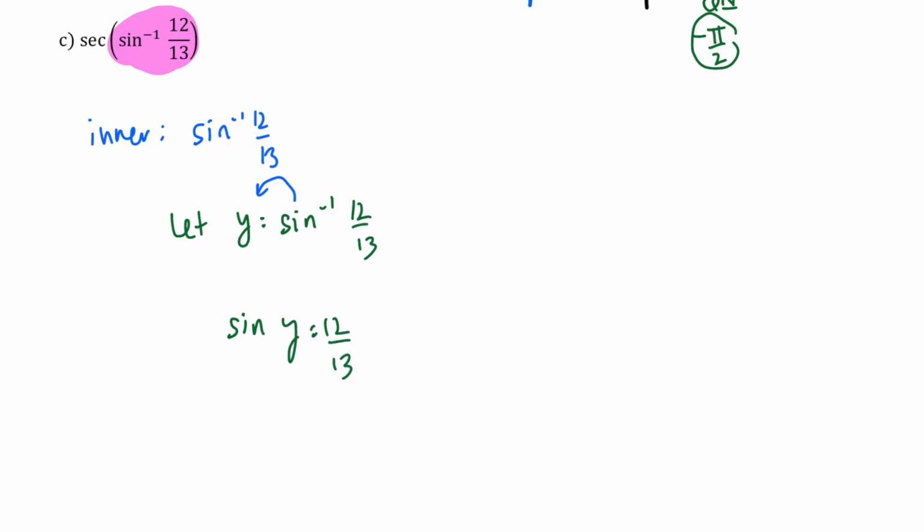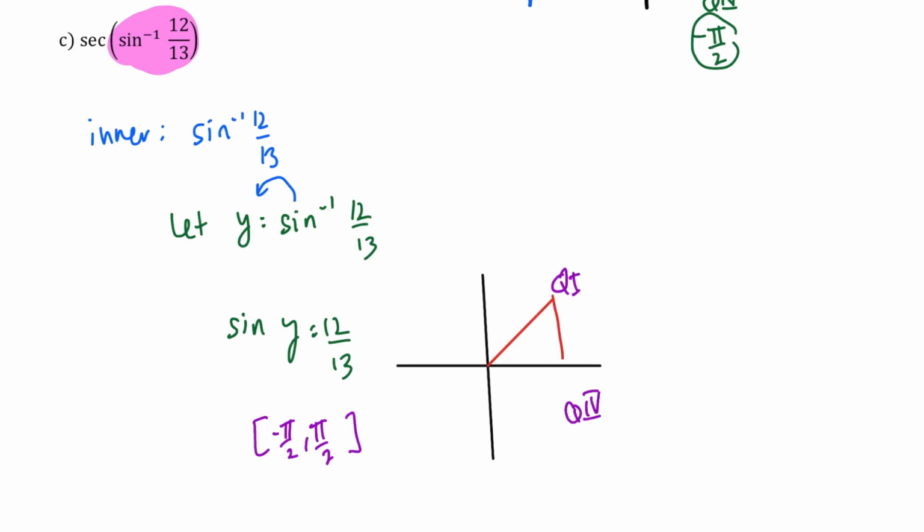We don't have an exact number to solve this, meaning that we need to implement the triangle method. For sine y, you're allowed to be within negative pi over 2 and pi over 2, so you are either in quadrant 1 or quadrant 4. Since sine is positive, confirm you are here in quadrant 1.